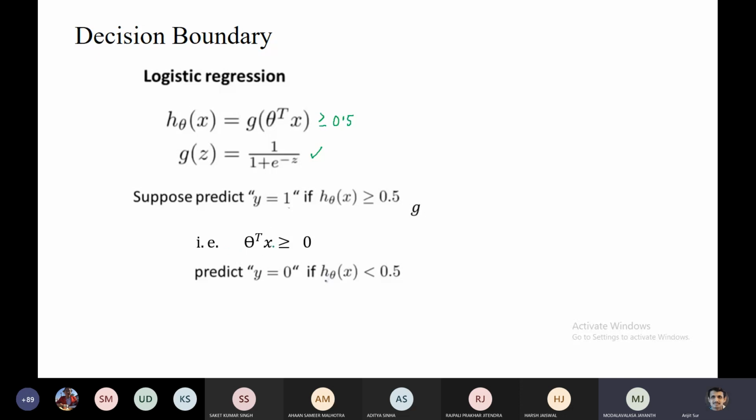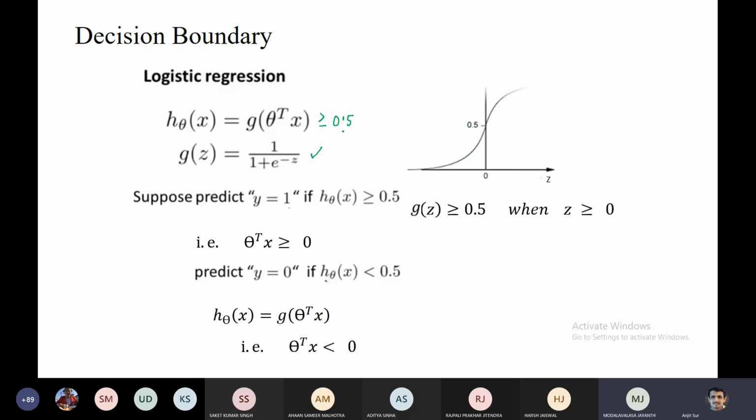is greater than 0. Because the sigmoid says that this particular thing must be greater than 0. Here this is the z axis, that means it's theta transpose x axis. Now if theta transpose x is greater than 0 on this side, then h theta x will go over, greater than or equal to 0.5, somewhere in this position.